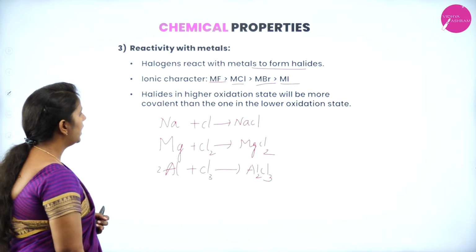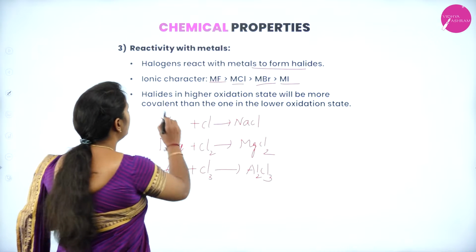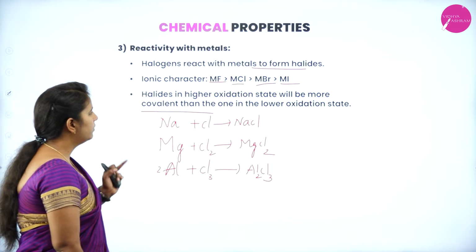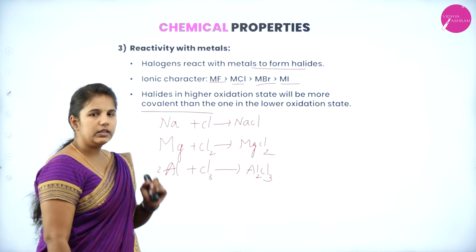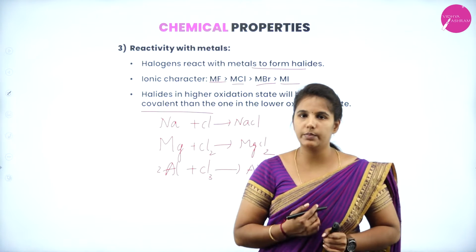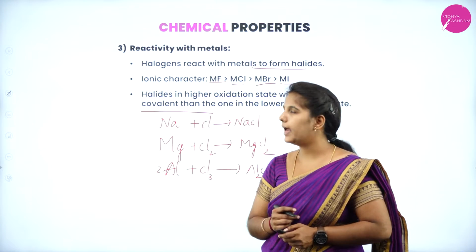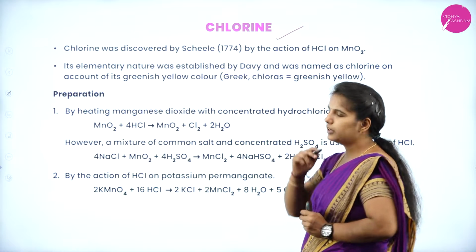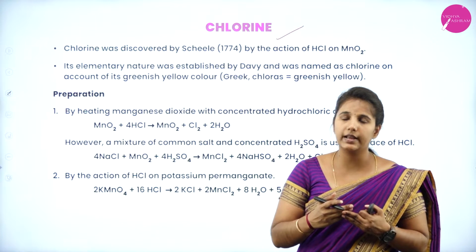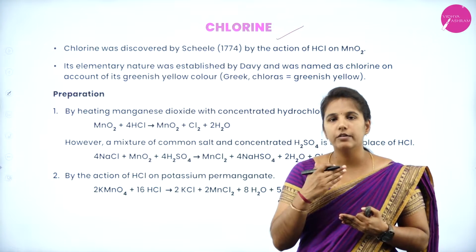The halides of the higher oxidation state will be more covalent, and the ones with the lower oxidation state less so. This is how, when the halogens combine with the metal, they form metal halides. Next is chlorine. Next to the fluorine, the next element in the periodic table is chlorine.